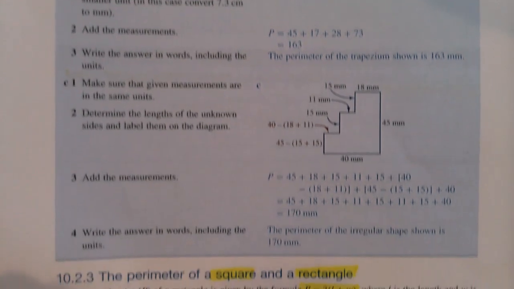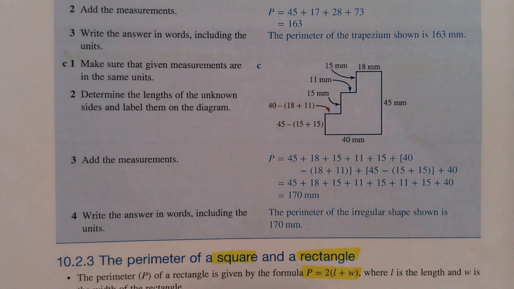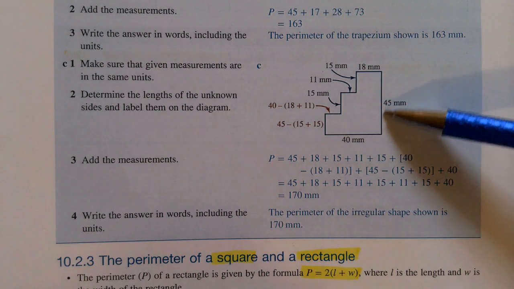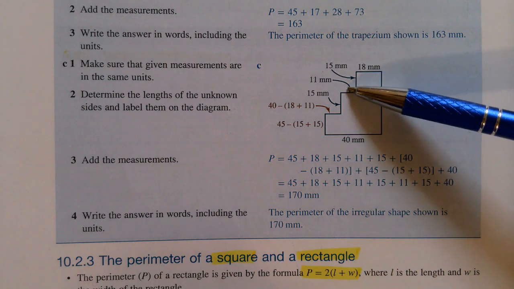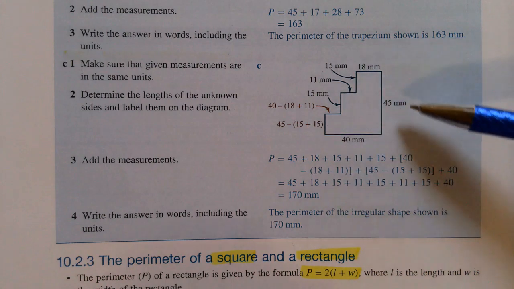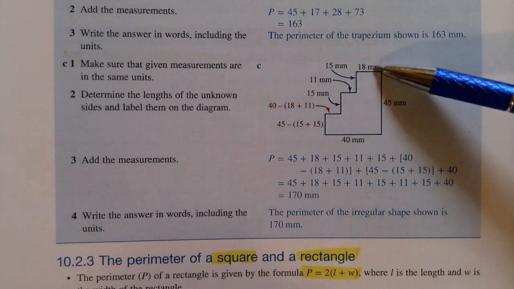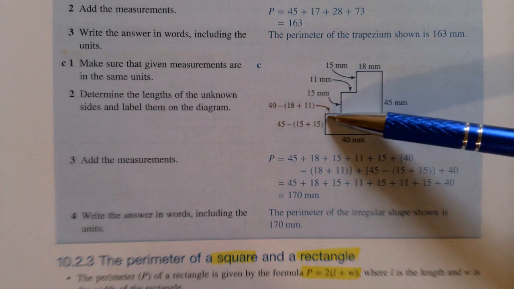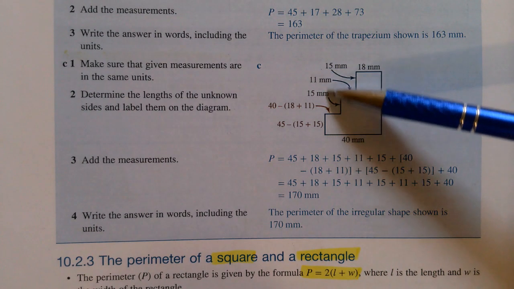This one here, we need to do some calculating, remember. So we've got that side, that side, that side, here. We've got here, we've got here, we've got here. We're missing one here. So to find this one here, we know that this side is 45. So we know that this side all the way up here would also be 45.